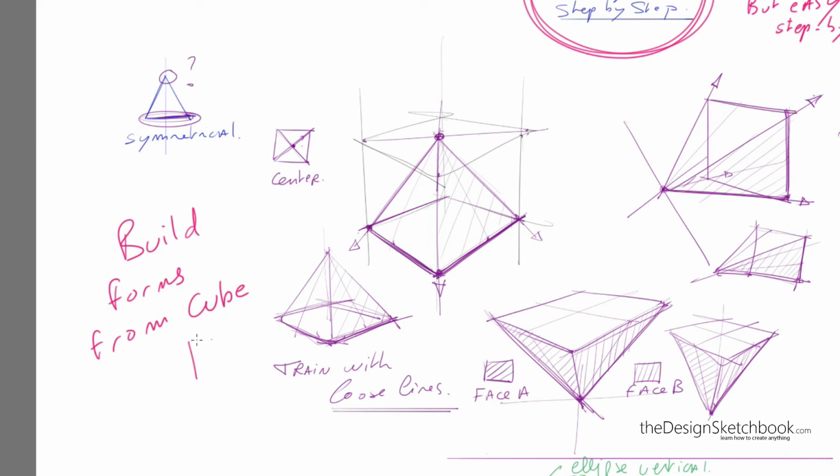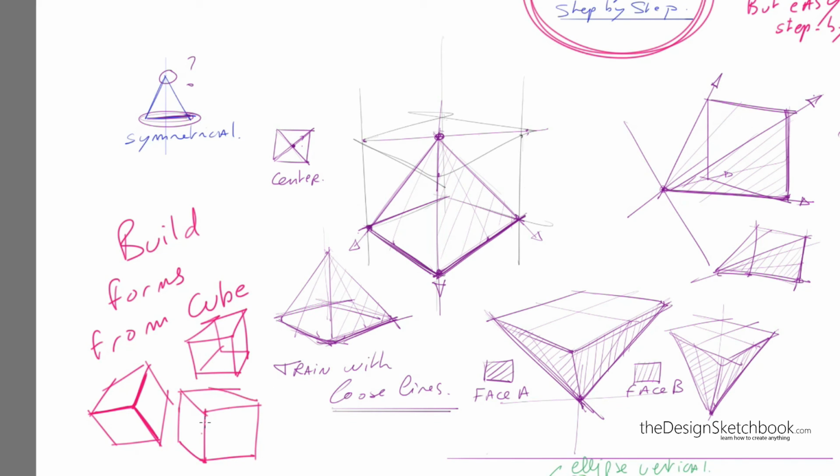And it all starts from building the forms from a cube. The simple trick here is to start by drawing the three first axes of the front corner, and then you reconstitute the cube. I invite you to give it a try. It really helps to begin the cube in perspective. I quite like this tip.